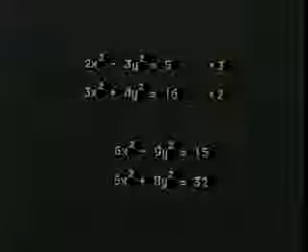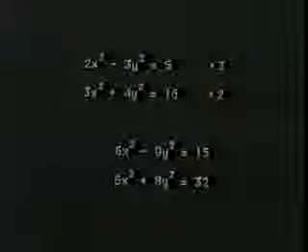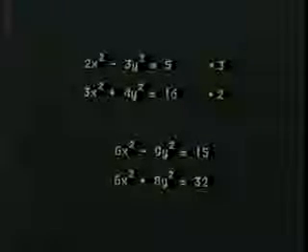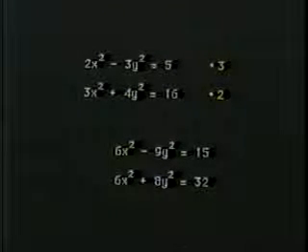I see a 2x squared and a 3x squared, so the LCD of the x squared coefficients is 6. So I want to multiply the first equation by 3 and the second one by 2, which makes the 2x squared terms the same, exactly what I had in mind.